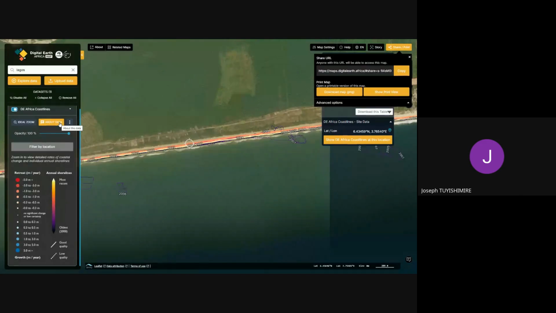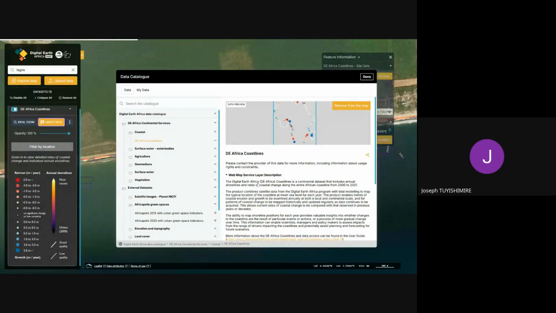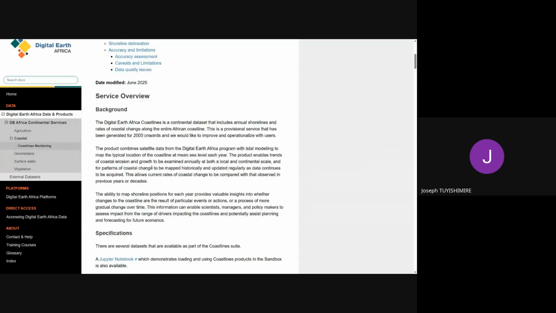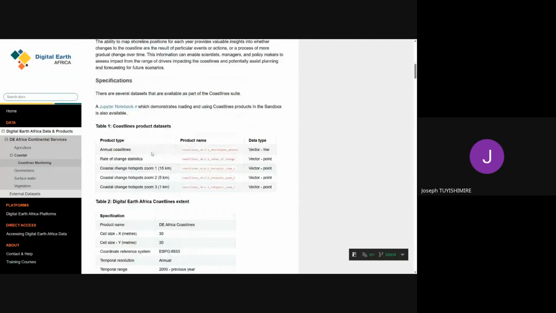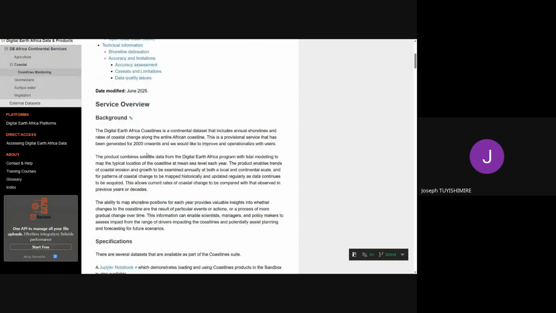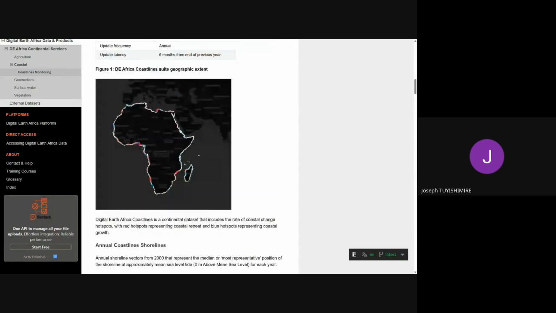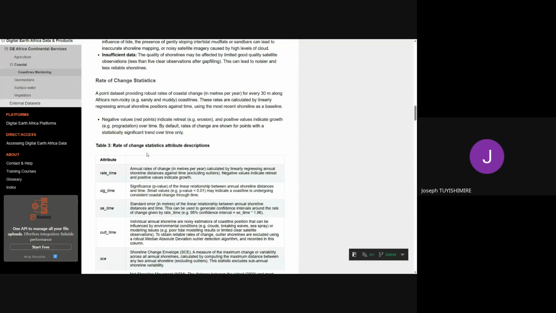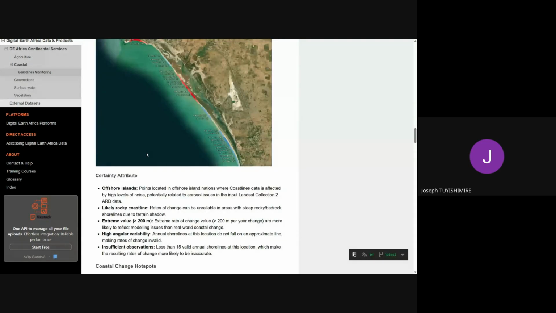Once again, we can go to About the data, and the whole description of the coastline service is available via this document: how it was generated, what are the limitations and potentials, and what should be considered while using this service.